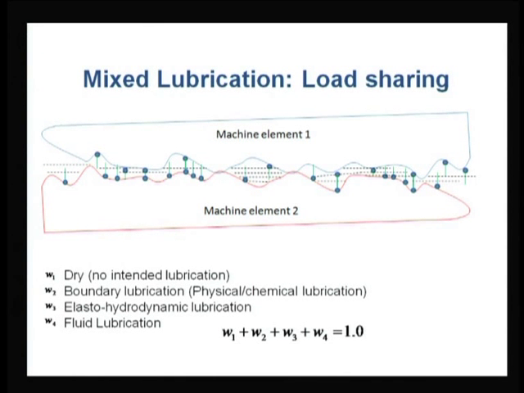If W1 is a higher value, naturally friction will be higher and wear will be higher. If W4 is on a very high side, then naturally the lubrication is effective, and wear will turn out to be zero or negligible. Friction then depends on the viscosity of the lubricant.